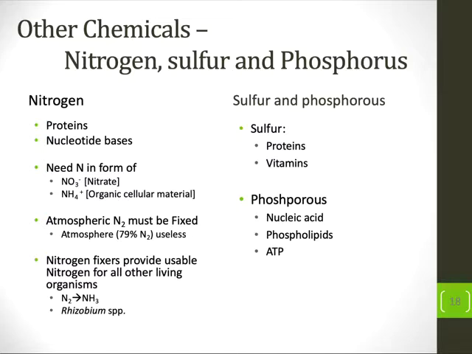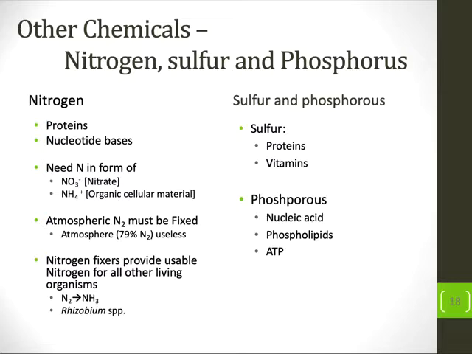Microorganisms, in this regard prokaryotes, just like eukaryotic organisms like ourselves, we need other chemicals as well to survive. They will need nitrogen, they will need sulfur, they will need phosphorus as well. They will need nitrogen for their protein synthesis, for their nucleotide bases, and they will use them in the form of nitrates or ammonium.